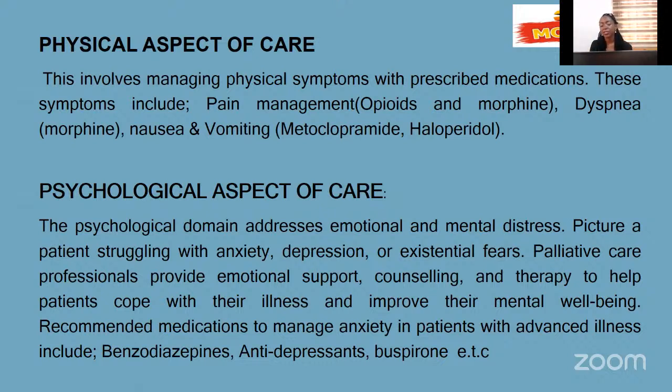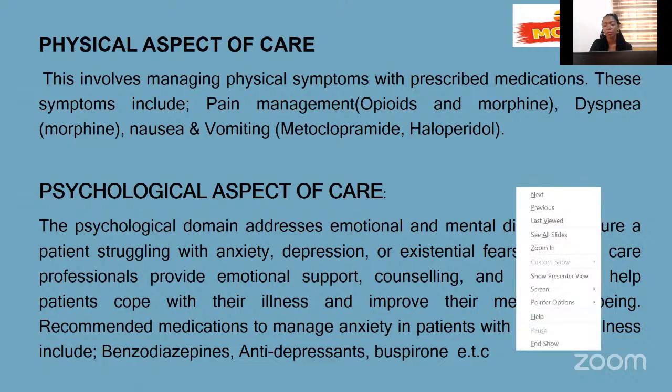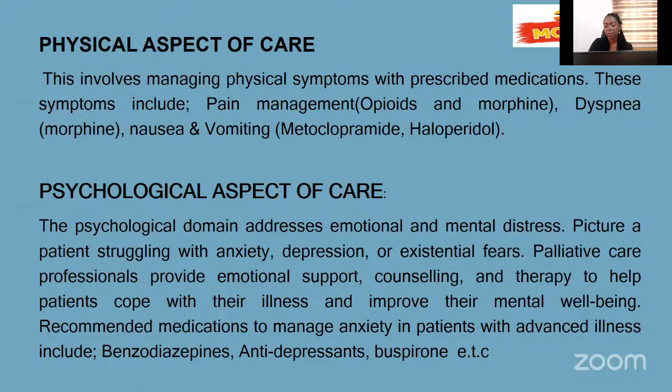And I mentioned that patients with those kinds of terminal illnesses are prone to be anxious. They'll have anxiety, they'll be depressed, and many questions will be going on in their hearts. And the treatment measures we can also administer. Let's continue.